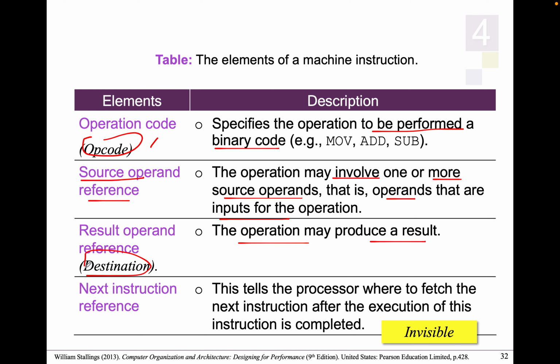Next instruction reference. This tells the processor where to fetch the next instruction after the execution of this instruction is completed. So you need to remember the table here.